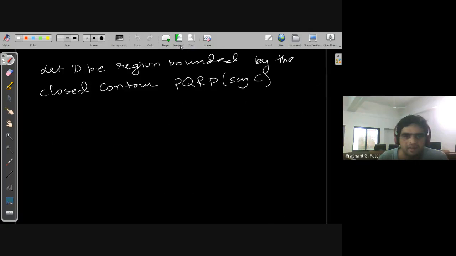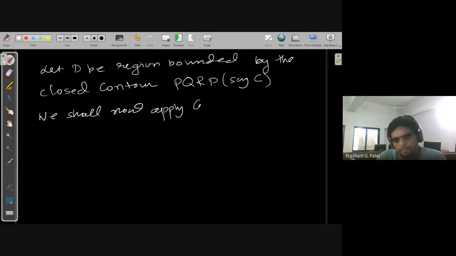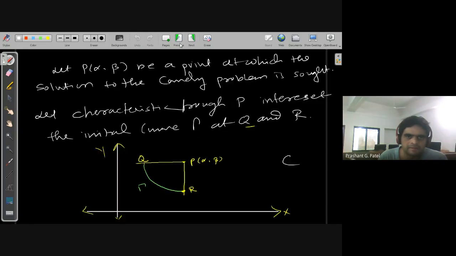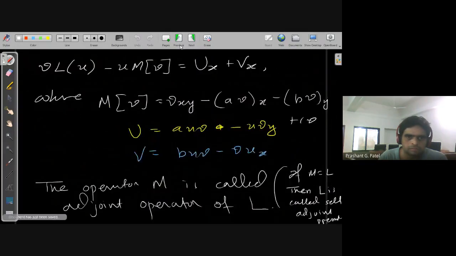Now we'll apply Green's theorem to this region. So we shall now apply Green's theorem to this region, using the identity that we have talked about, this identity.